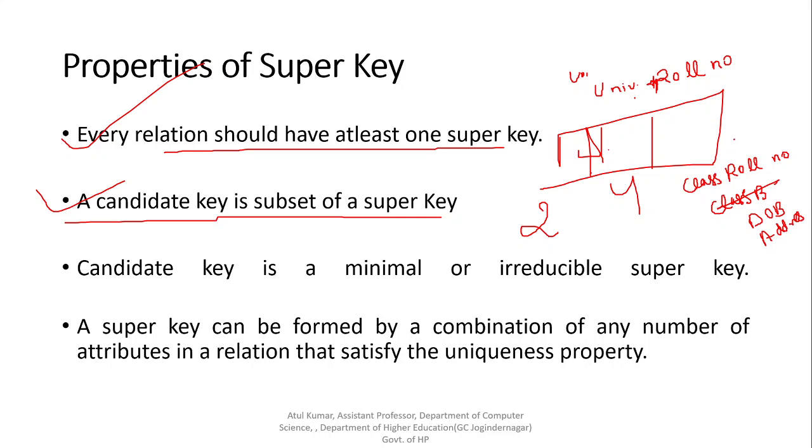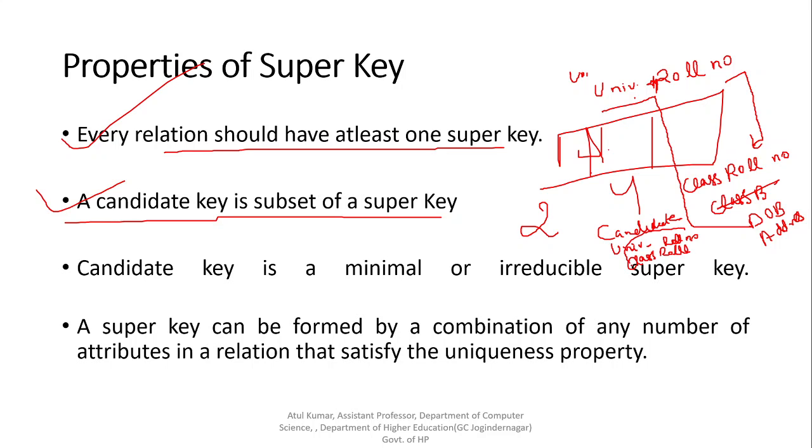These are 4 attributes of super key, and the second point says a candidate key is a subset of super key. So we have to make a candidate key from this super key. Suppose the candidate key contains 2 attributes: first is university roll number, and the second is class roll number.